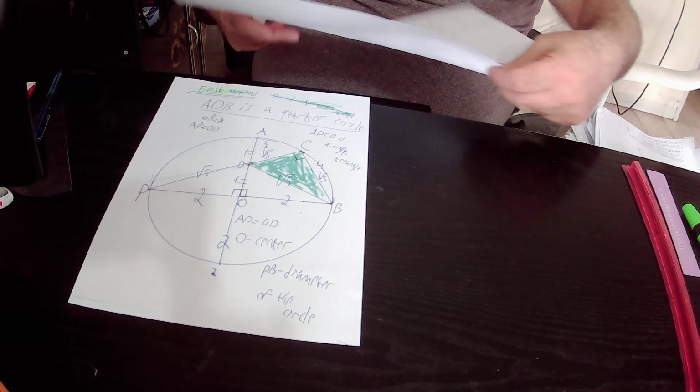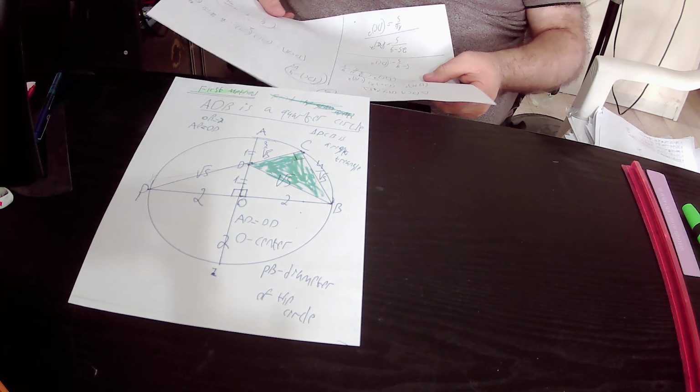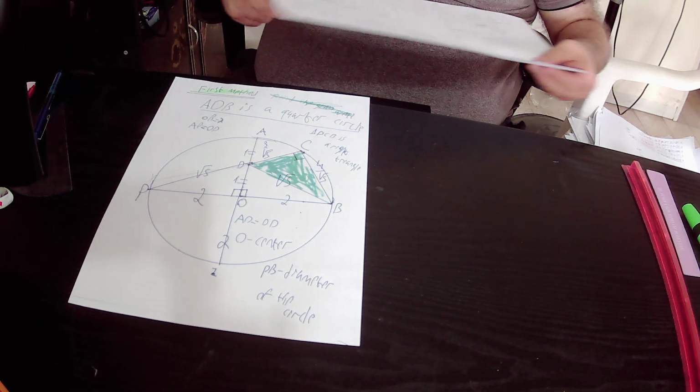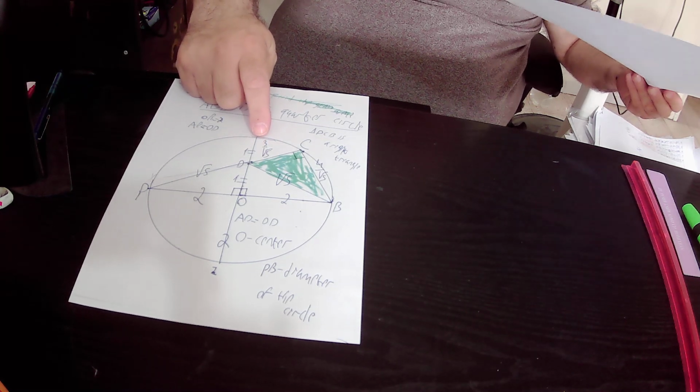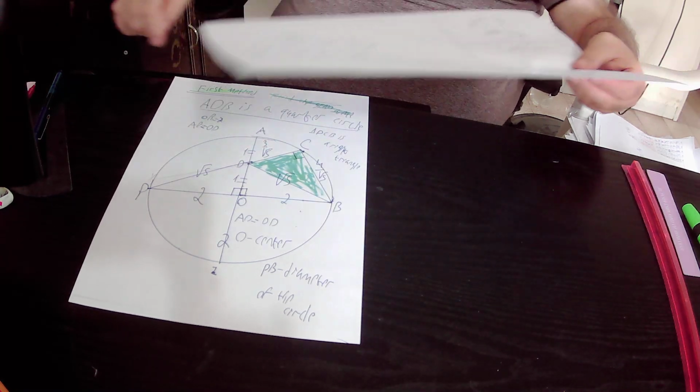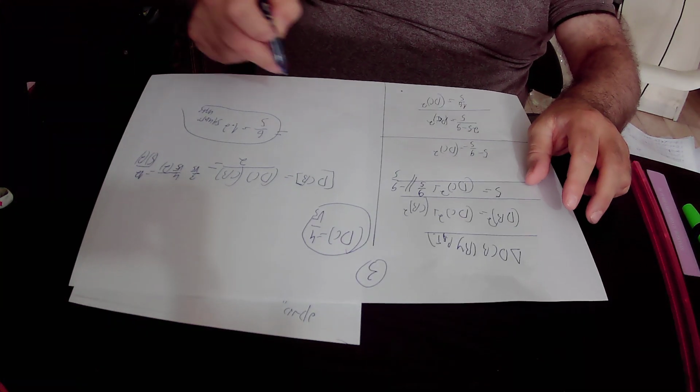So DB square equals DC square plus CB square. DC is 3 over square root of 5, therefore DC square is 9 over 5.